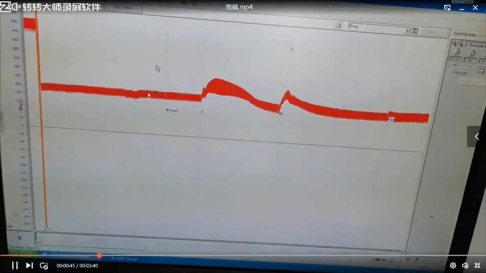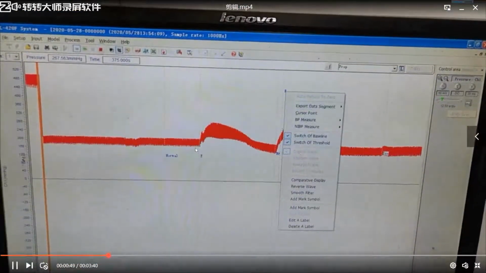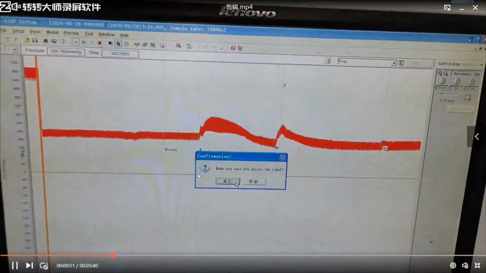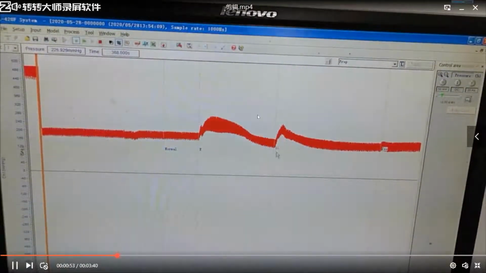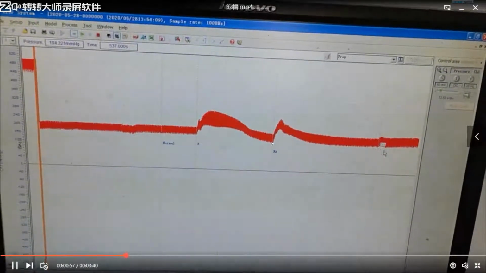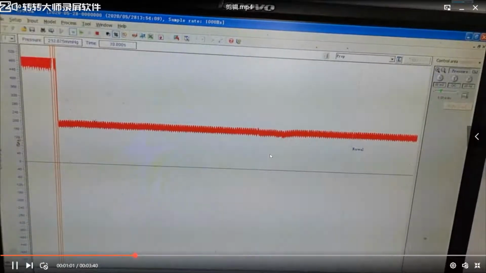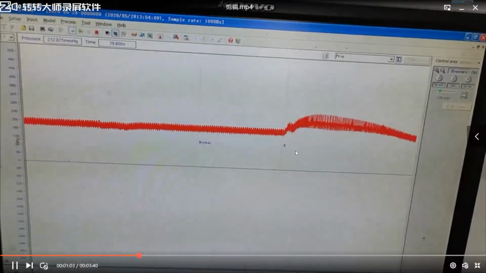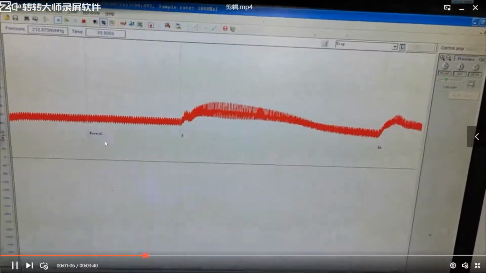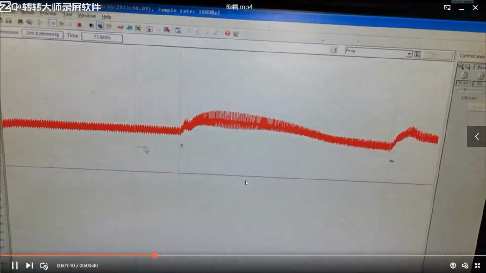Do you remember? We traced the normal blood pressure curve. Here is the normal. And then we gave adrenaline, epinephrine, which increased blood pressure. And then we gave noradrenaline, which also increased blood pressure. And then we gave isoprenaline.